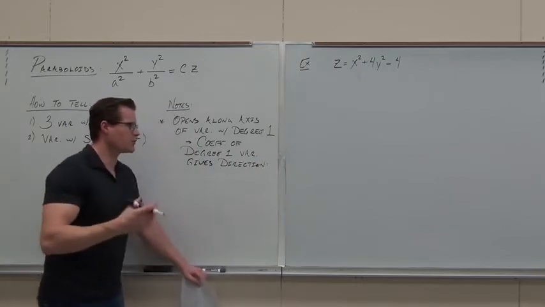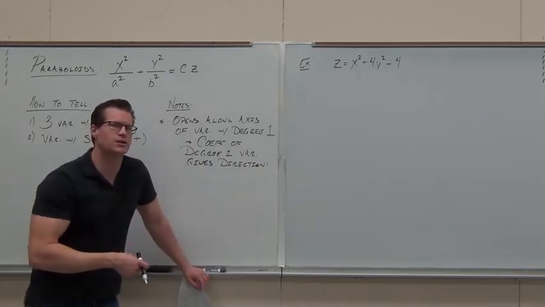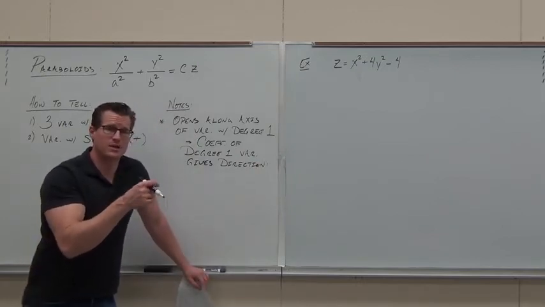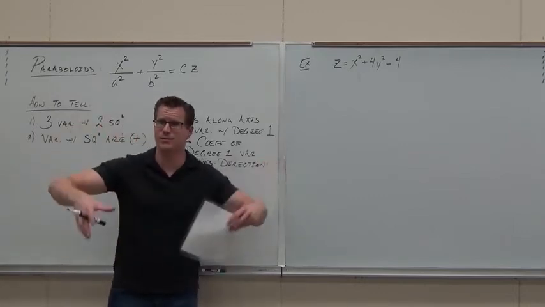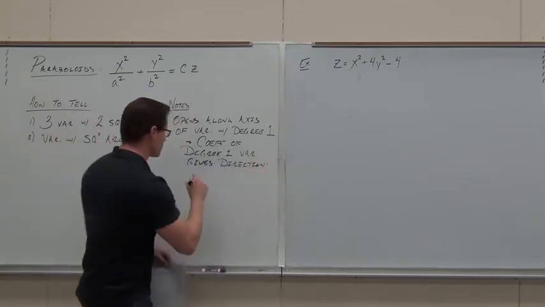The coefficient of the degree 1 variable gives you direction. A positive coefficient means it's going to open along the positive axis of whatever that variable is.